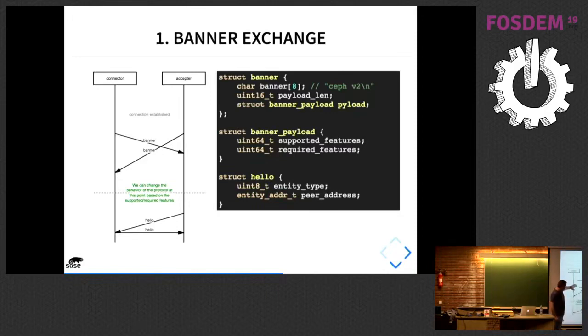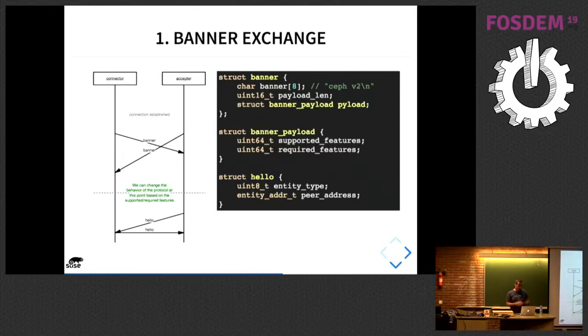Okay, so as soon as the banner exchange finishes, our protocol can change. In the future, if you have new features on the protocol, we can change the state machine from here on.